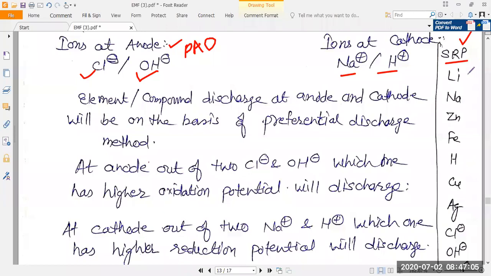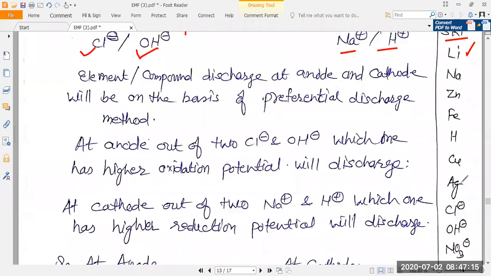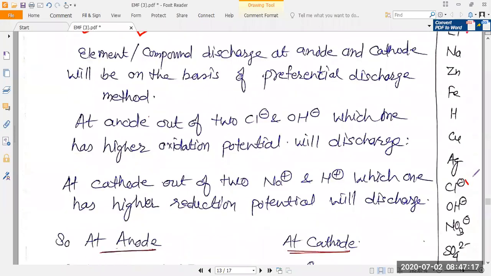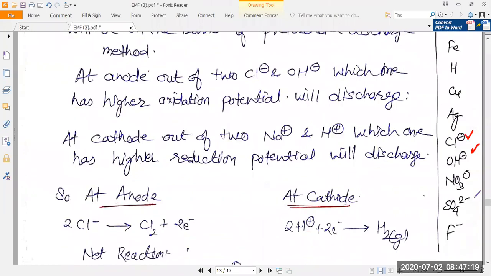These elements are arranged in the order of standard electrode potential: lithium, sodium, zinc, iron, hydrogen, copper, silver, chloride, hydroxide, nitrate, sulfate, and chloride.